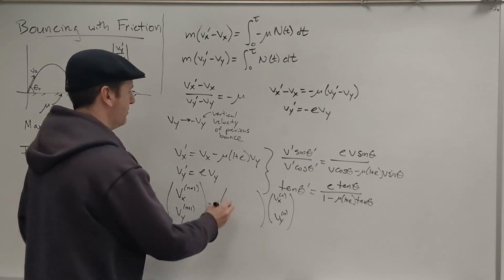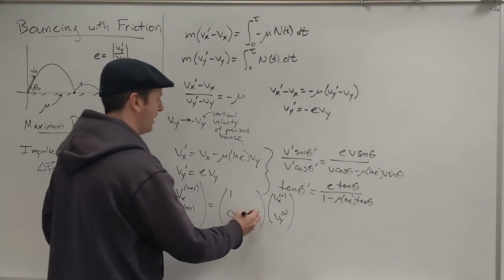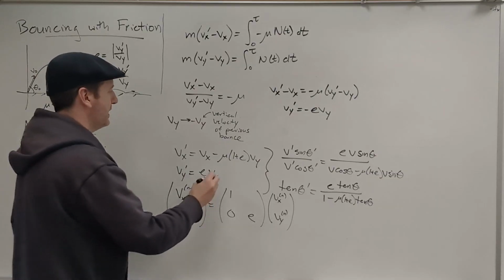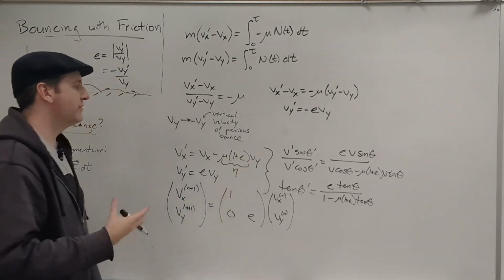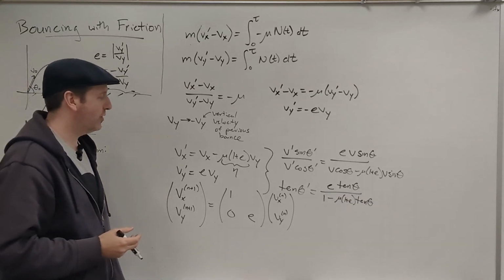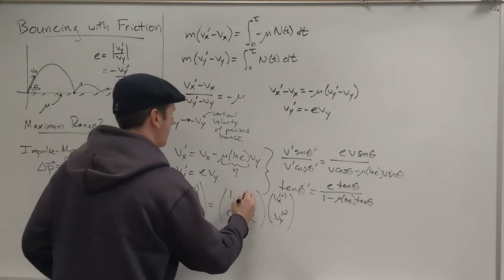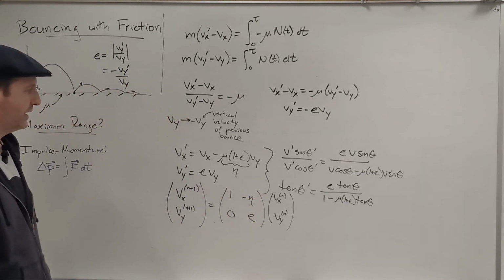And you can see that, well, we've got a 1 here, we've got a 0 here, we've got an E here. This thing right here is a little irritating. I'm going to call this combo together eta. It's sort of some sort of effective coefficient of friction. So it's got the mu, but it's also got an E in it. And in that case, we have minus eta in this upper right corner.